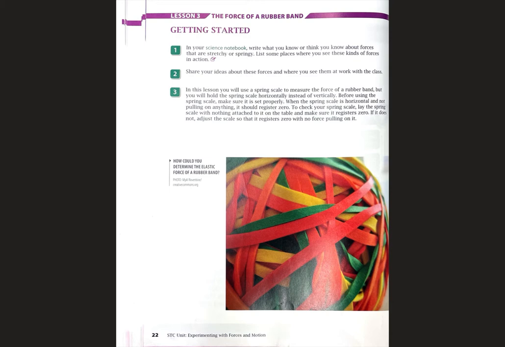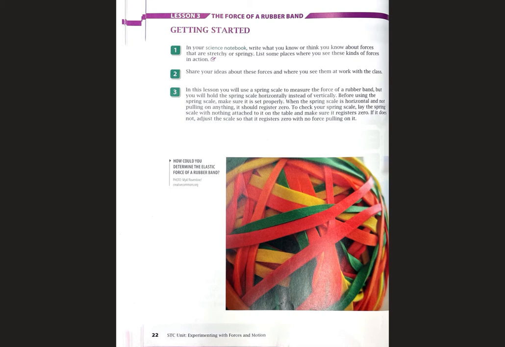So in this lesson, you will use a spring scale to measure the force of a rubber band, but you will hold the spring scale horizontally instead of vertically. So in the previous lesson, you've held the spring scale vertically to measure weight. This time we're going to be doing it horizontally, like going flat on a table.